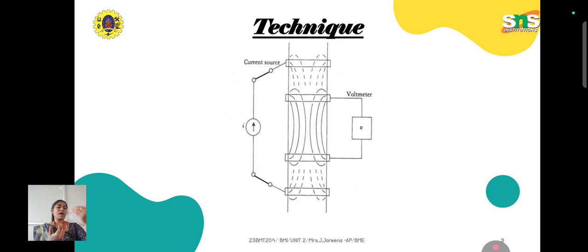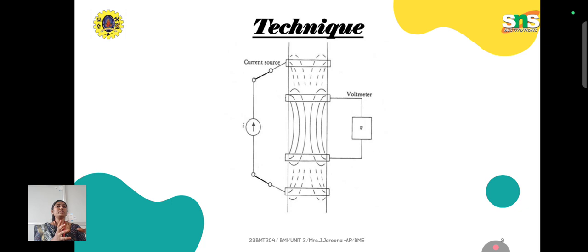When the current is passed, immediately you can see some voltage drop. That voltage drop will be measured by means of the voltmeter. This voltage drop changes according to the change in resistance that the skin is having. So this is how the principle is working. Once you get the potential difference, we can easily find out the change in resistance.